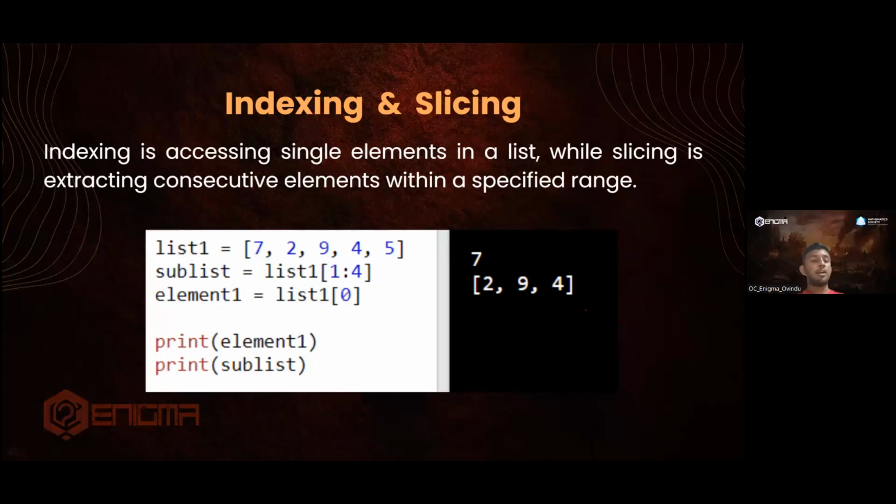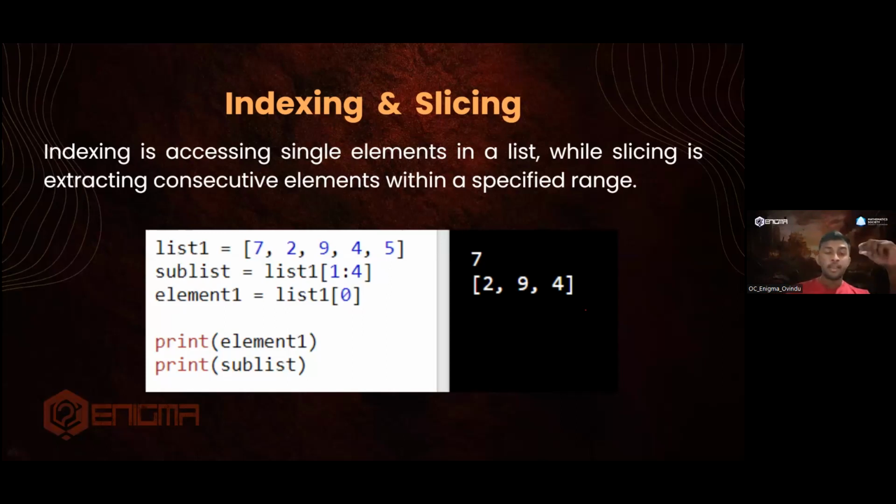These are very useful ways to access and use elements inside lists in Python. So just try indexing and slicing, and let me know if you have any errors, because when indexing and slicing, sometimes we come across errors.